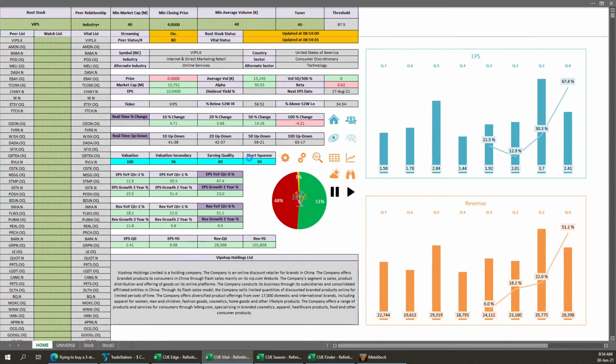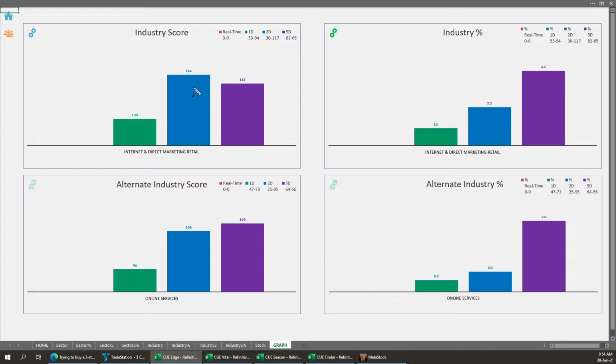Internet and direct marketing retail. The score came down a little bit from 144 to 139. Still, it went up by a significant percentage yesterday, 1%.